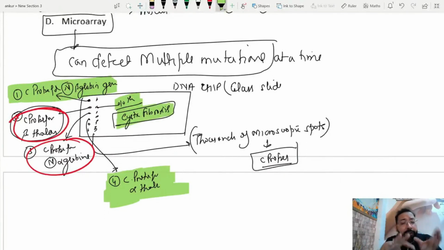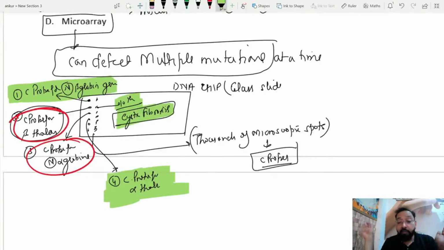So if genes are normal, they will bind to the site of the normal gene's complementary probe. If mutated, they will bind at the site of the mutated gene's complementary probe. In this way, each and every gene, whether mutated or normal, will bind to some site.